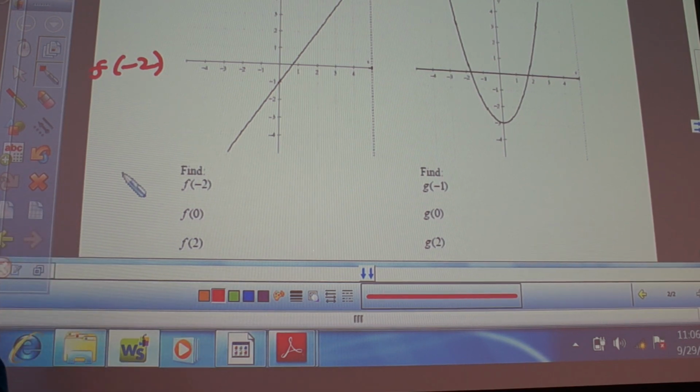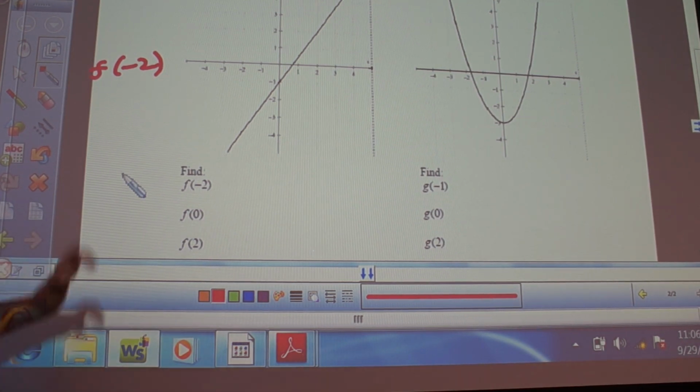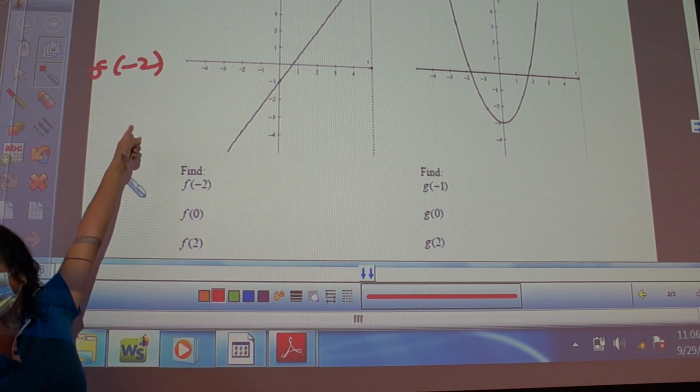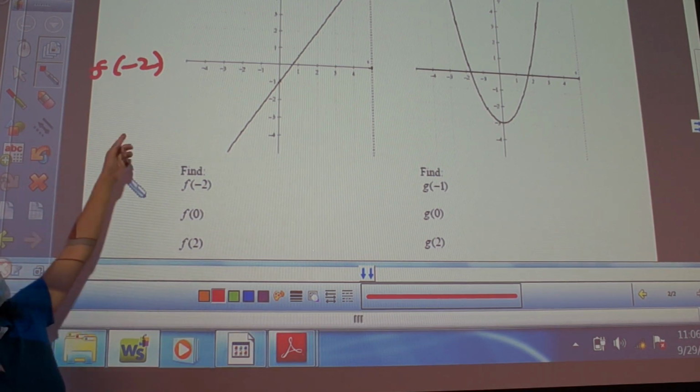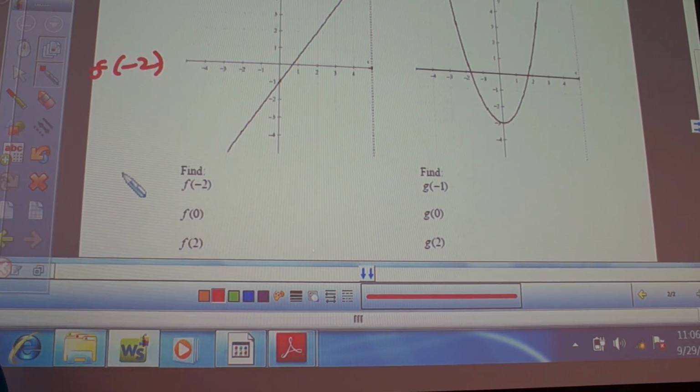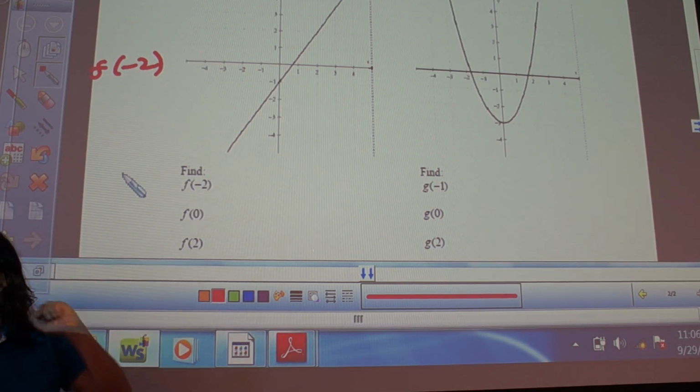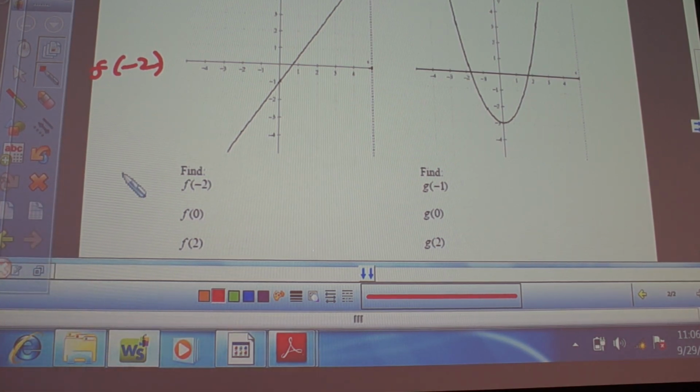So in other words, what's my y when x is -2? So -3. f of -2 is the output of putting -2 into the function.